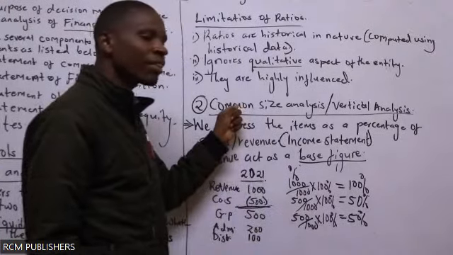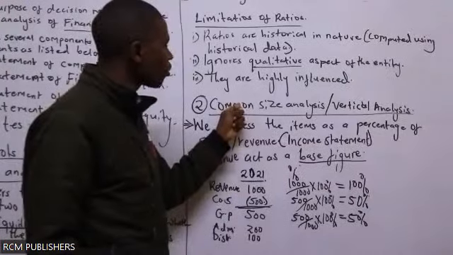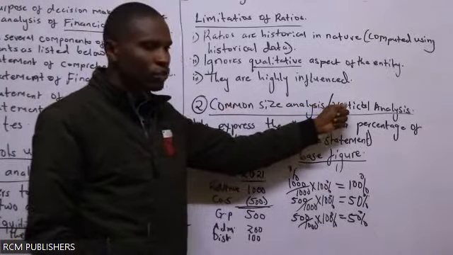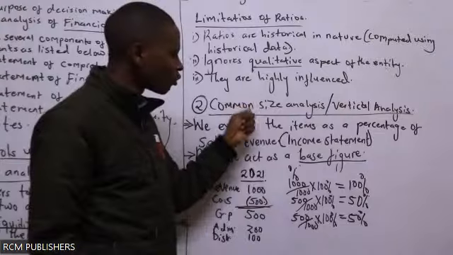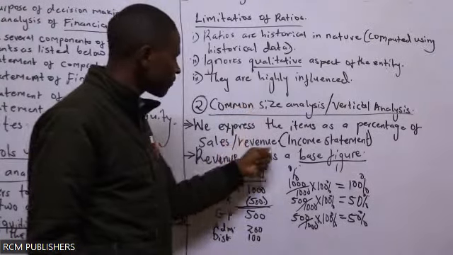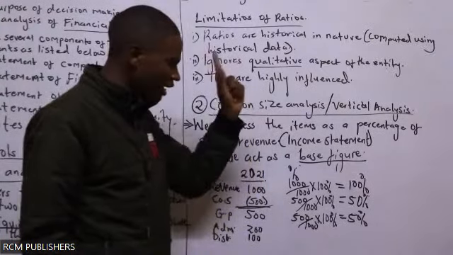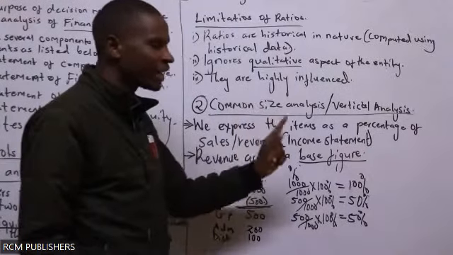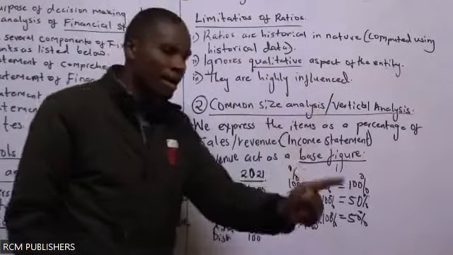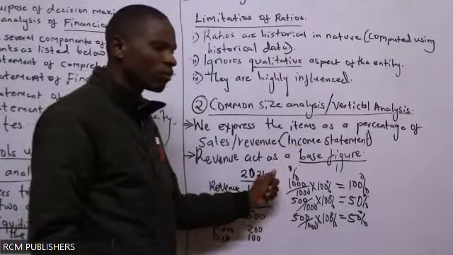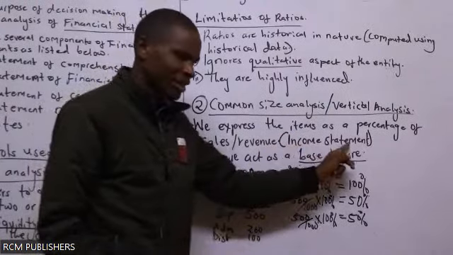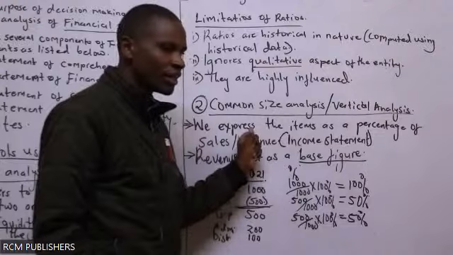Common. Look at the word here, common. Although another time the examiner will tell you vertical. Common. So our sale, just revenue. Revenue is common in every item. But remember, we are talking under the income statement. Under the income statement, revenue is common.